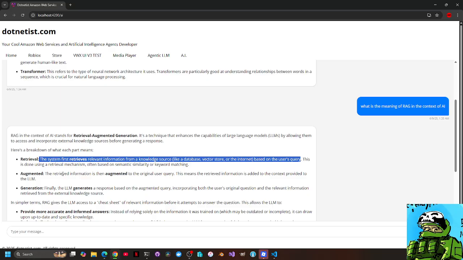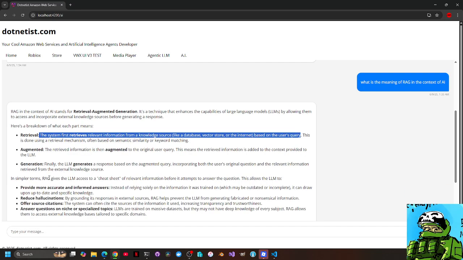Augmented. The retrieved information is then augmented to the original user query. This means the retrieved information is added to the context provided to the LLM. Generation. Finally, the LLM generates a response based on the augmented query, incorporating both the user's original question and the relevant information retrieved from the external knowledge source.